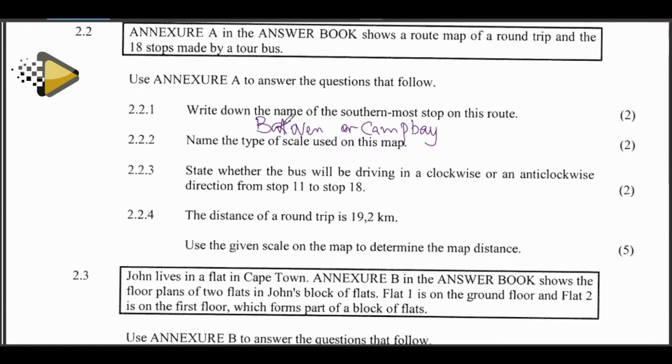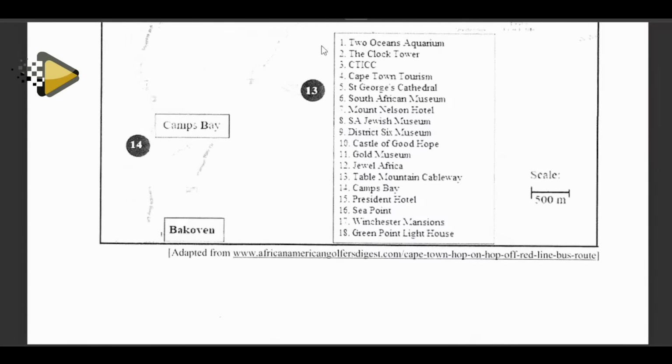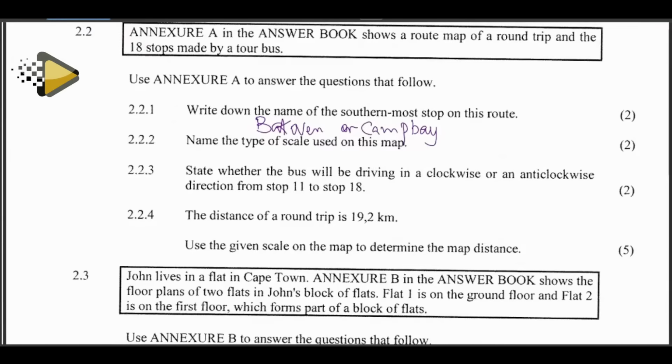Name the type of scale used on the map. This is a linear scale. Linear scale. They're asking you to state whether the bus will be driving in a clockwise or anti-clockwise direction from stop 11 to 18.